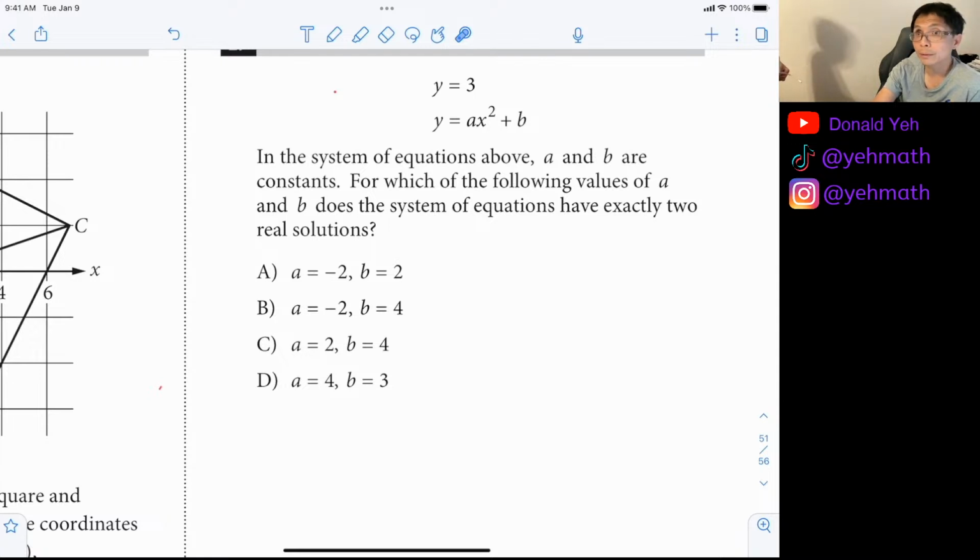Where is it? Wait, where's my zoom tab? My zoom tab is gone.